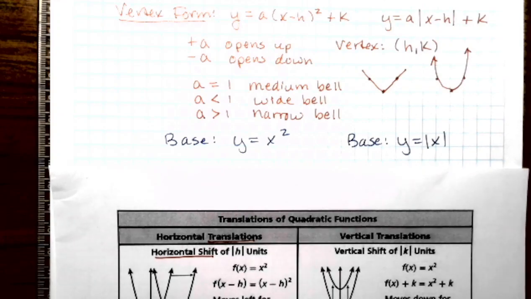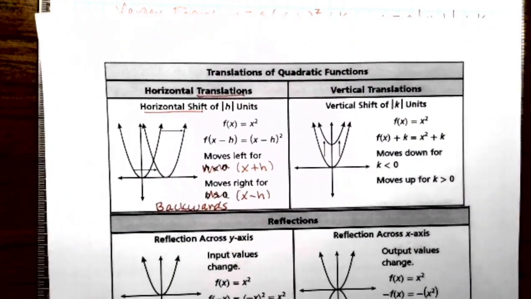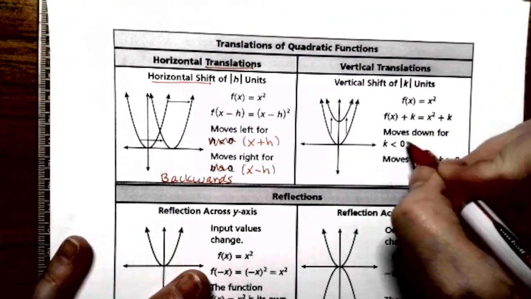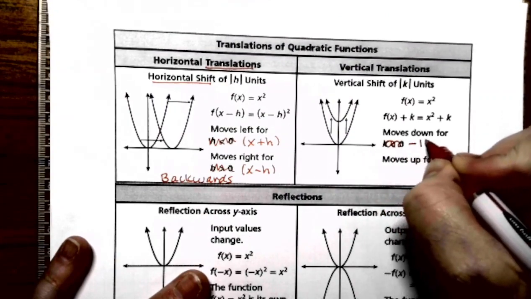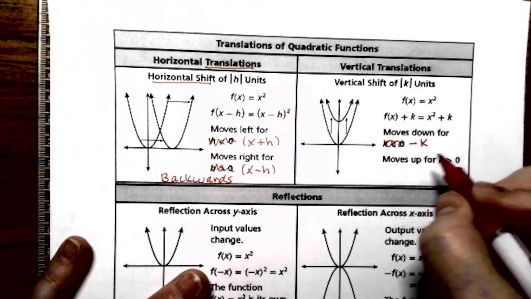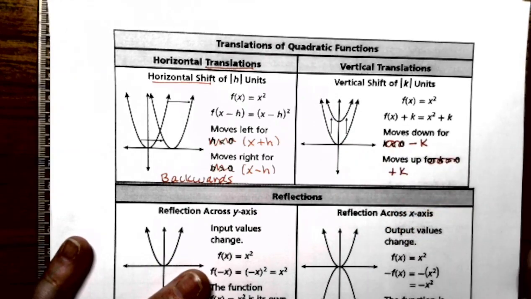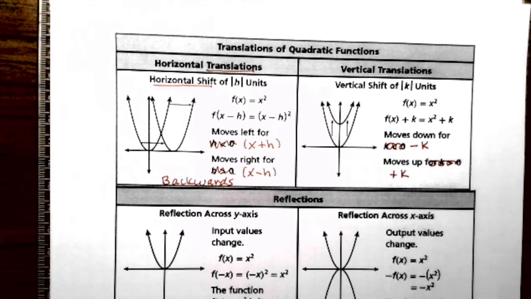So the x values are always backwards from the sign that you're looking for. Now, for the vertical shift, that's the k value, which is added to the outside. If you have a negative k, it's going to translate down. If you have a positive k, it's going to translate up. And what you see is what you get.